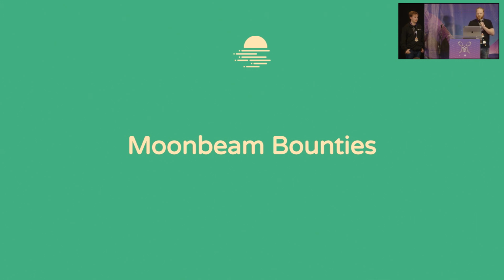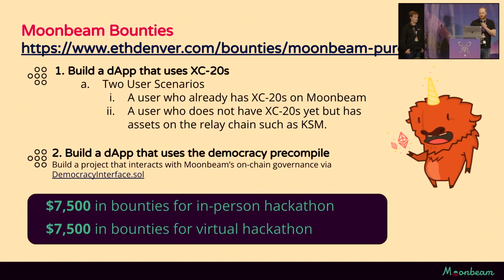Moonbeam is currently offering 2 bounties at the ETH Denver Hackathon. The first is to build a dApp that uses XC-20s, and we break this down into 2 scenarios. The first is for a user that already has XC-20s on Moonbeam, and this integration would look a lot like just using a custom ERC-20 contract.